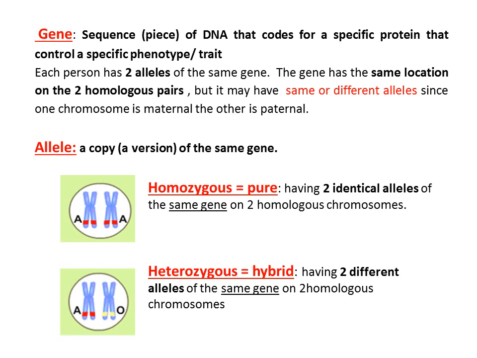Pay attention, as the picture shows, the position of the gene is the same on the two homologous chromosomes. So if I inherited a chromosome carrying allele A maternal and another carrying allele A paternal, then my two alleles are the same, so I am a pure person or homozygous. However, if one allele is A while the other allele is O, then I am a heterozygous person or hybrid.